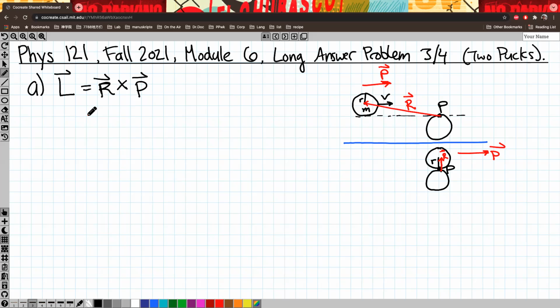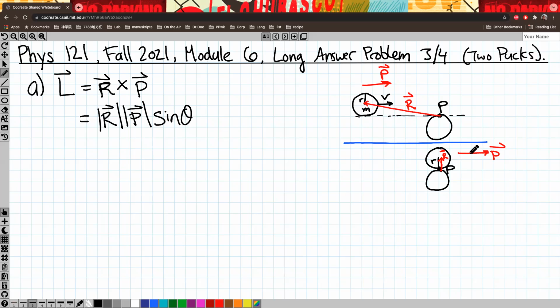How are we going to evaluate this cross product? So that would be the magnitude of both times each other times sine of theta. Excellent. And they didn't use theta for anything else, so I can call theta whatever I want. And now the angle between R and P, what is that equal to? 90 degrees.